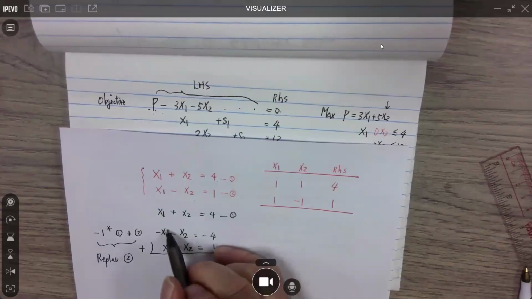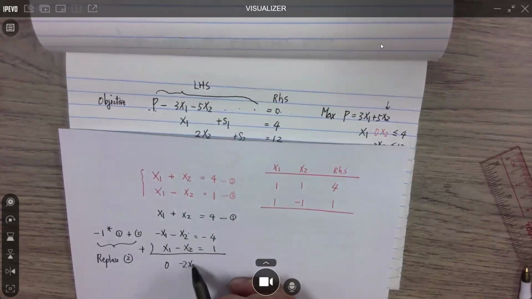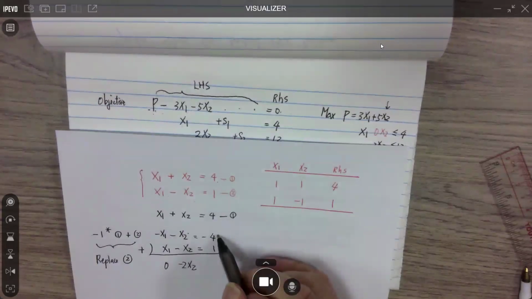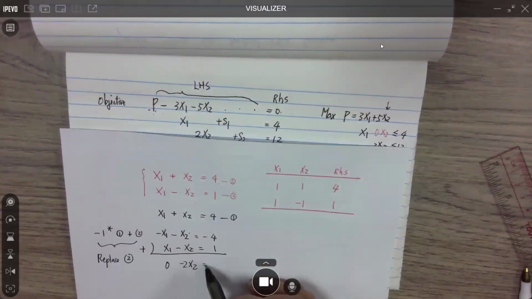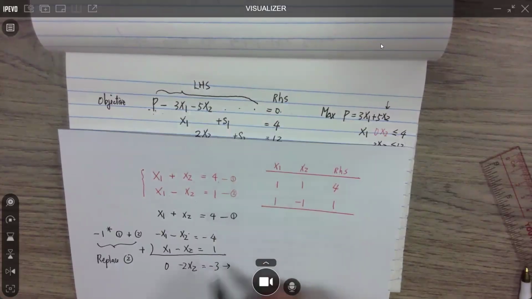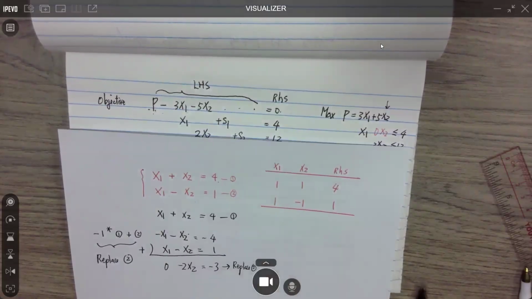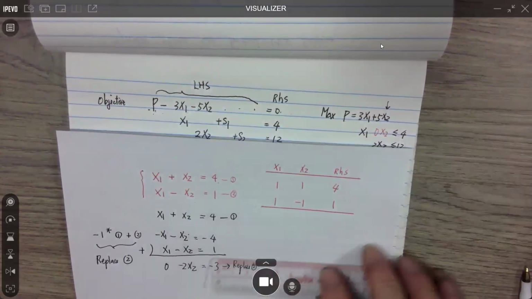So minus x1 plus x1 is 0, minus x2 minus x2 is minus 2x2, and minus 4 plus 1 is minus 3. I'm going to use this one to replace equation 2.